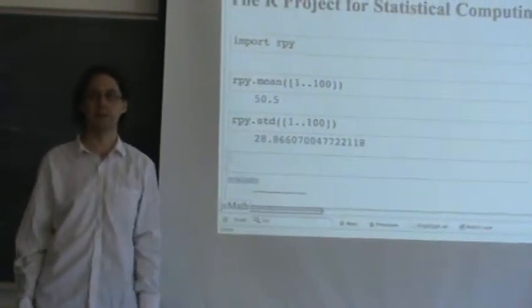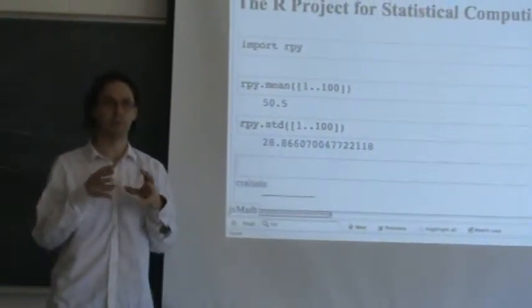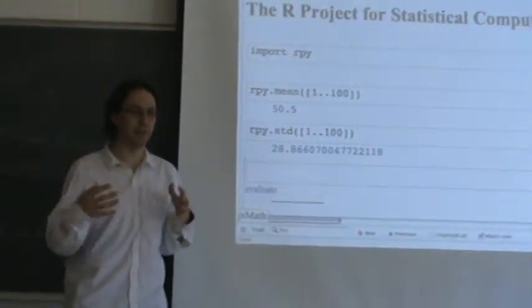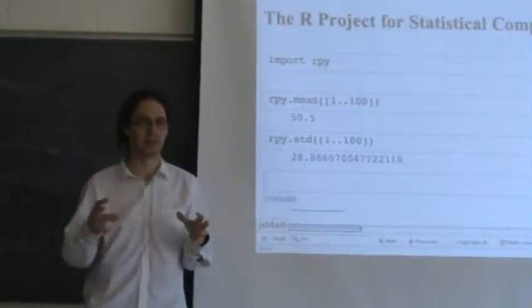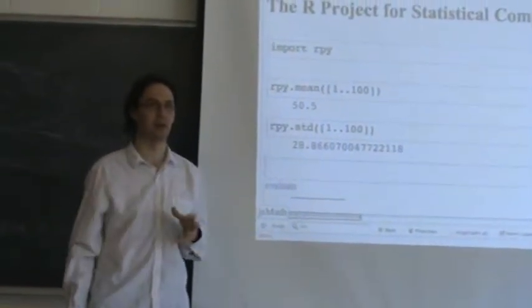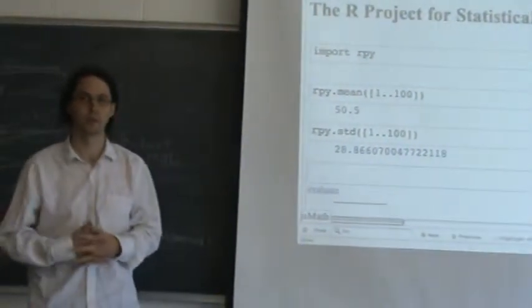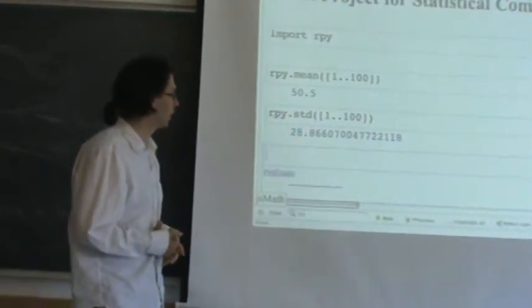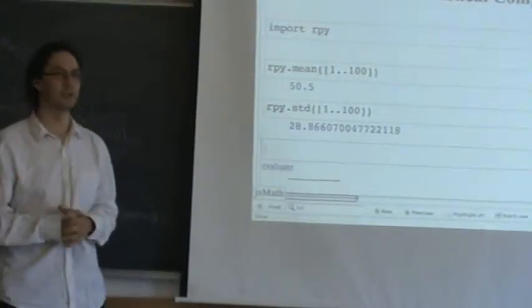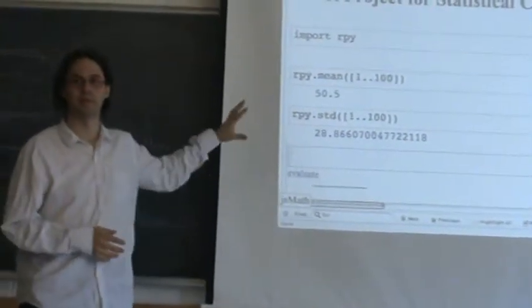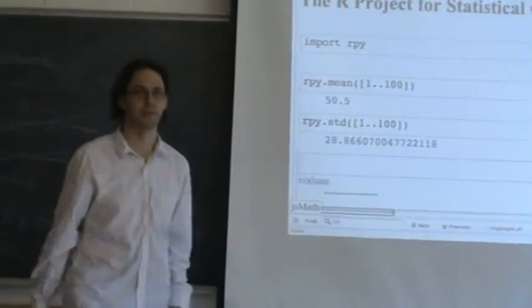Something that hasn't been done, as far as I know, is that nobody's written a nice, very Pythonic statistics package that does all of the calculations behind the scenes using R. And we'll wait and see if that happens. But there is one guy in, I think, Austria named Harald Schilly who's been working pretty hard on making it a lot easier to use R through Sage. And we'll see what comes of that.